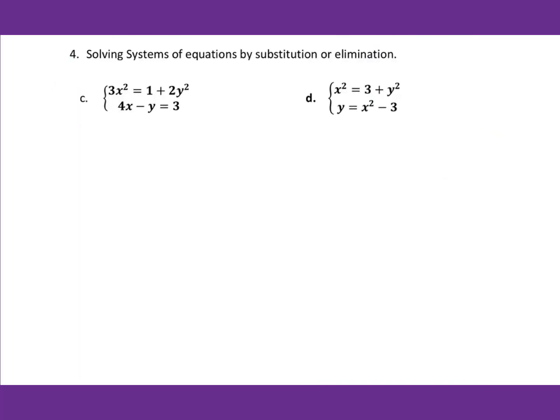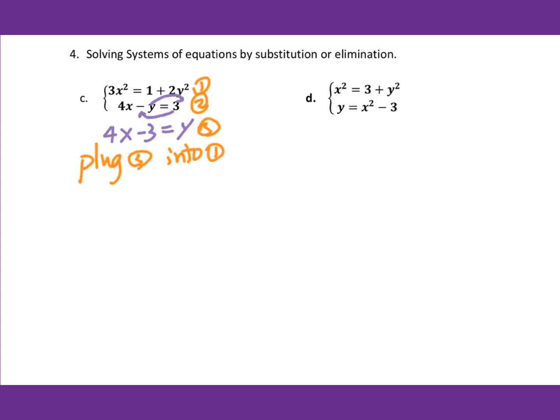Look at part C. For C, you need to do substitution. So move the y to the other side, move 3 to the left side. You get y equals 4x minus 3. We label these 1, 2, 3. So plug 3 into 1.